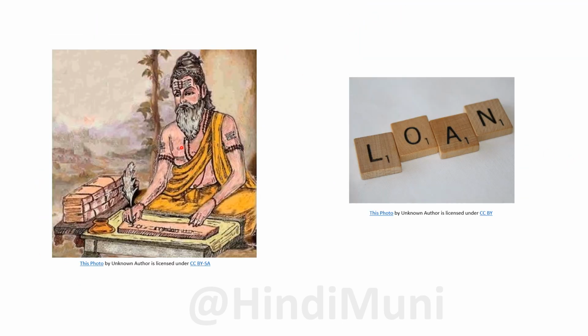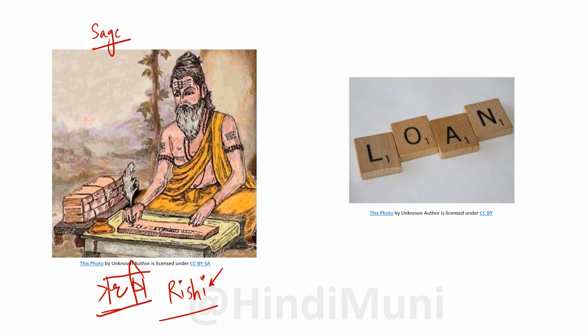Okay, so looking at a few examples, this is a house. This is a sage. In Hindi, a sage is called Rishi. It is a very popular Indian name too, Rishi. This is how you write it. And loan in Hindi is called rin.